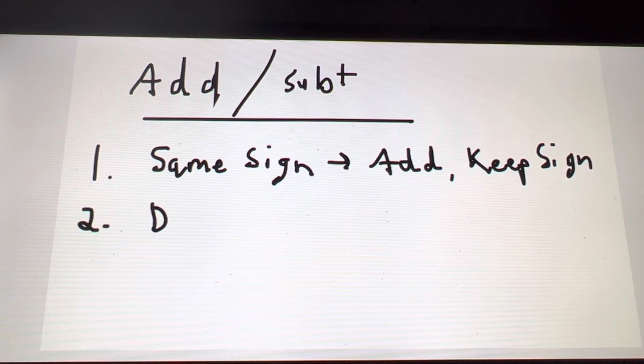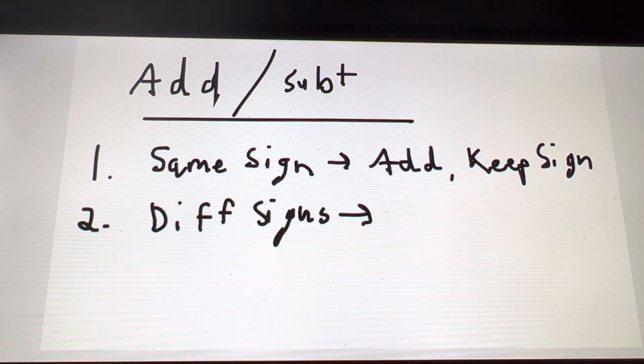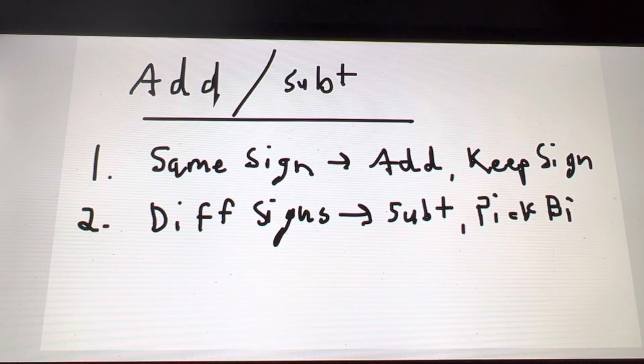If they have different signs, you subtract the values with the bigger one first and pick the bigger sign. Pick the bigger looking one. Those are the only 2 rules. If you know those 2, you can do any adding or subtracting problem.